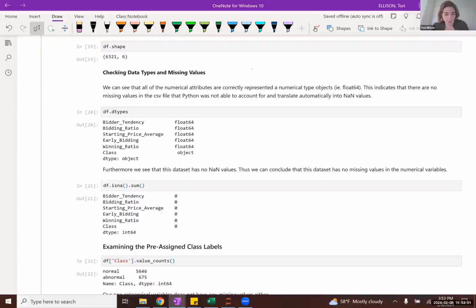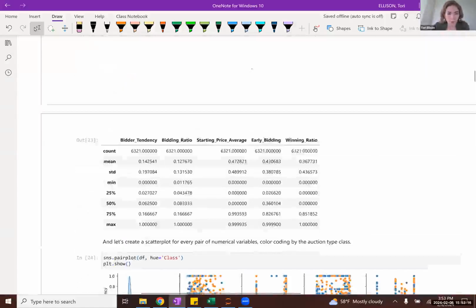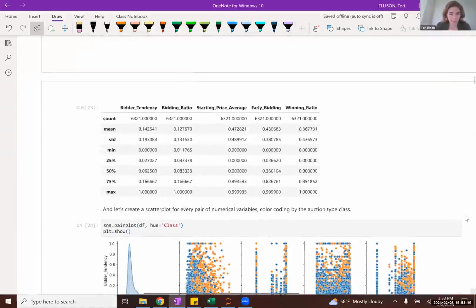Essentially what we're seeing is that many of the clustering algorithms or dimensionality reduction algorithms that we're going to talk about in this class have this property in which columns with higher scales will end up dominating the results of said clustering algorithms or dimensionality reduction algorithms. If you don't want that to be the case, then what you can do before using any of these algorithms is scale your variables.